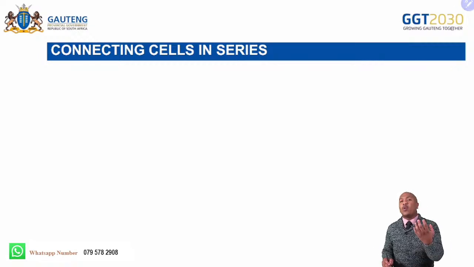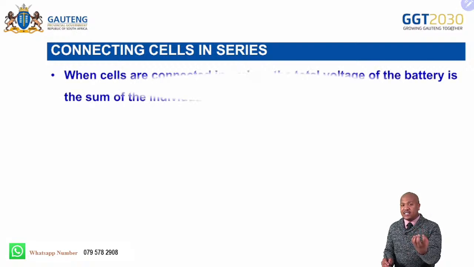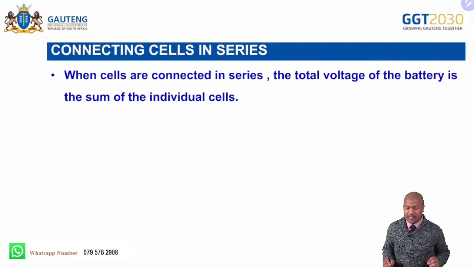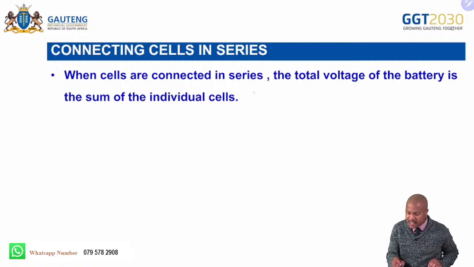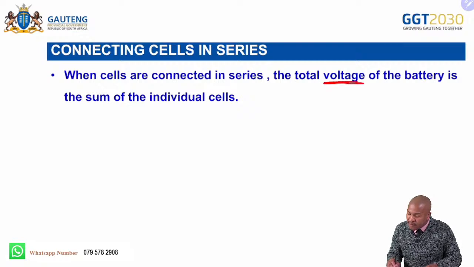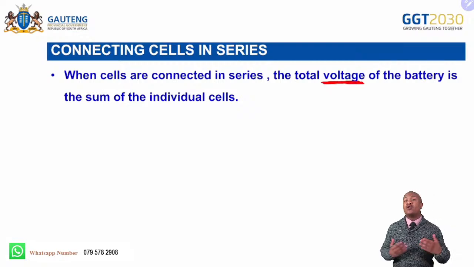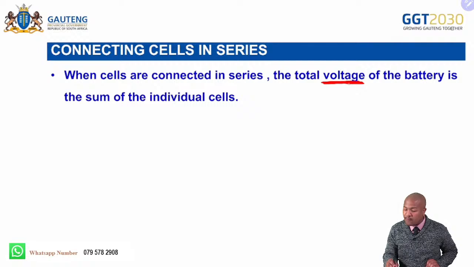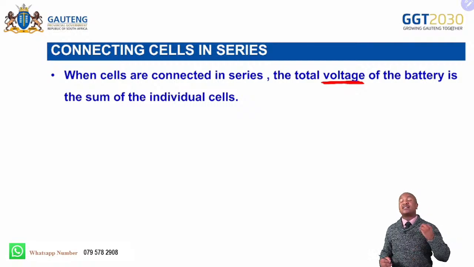So now, a question might arise in your mind. What happens when you connect cells in series? When they are connected in series, the total voltage of the battery, remember voltage we talked about last week, the potential difference, is the sum of the individual cells.